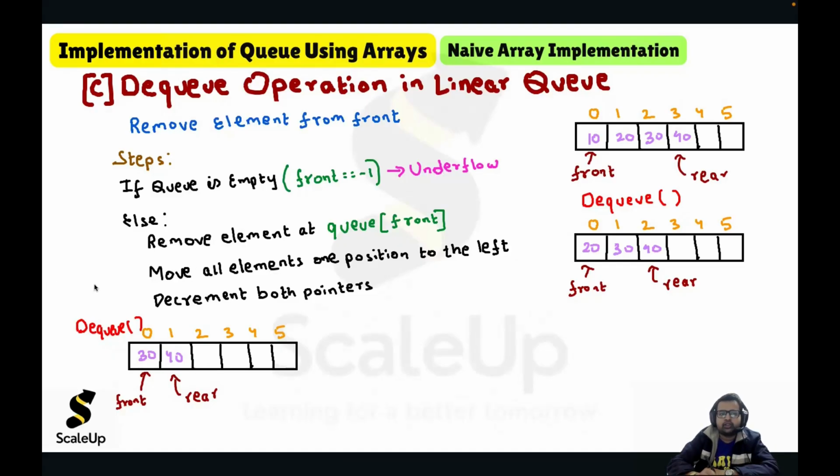This shifting operation is big O of n, because just imagine we always have to DQ from the front, and for the number of elements, that many shifts you have to do. So order of n. So in a linear queue implementation using array, NQ operation is order of 1. That's very good actually. But DQ operation is order of n.